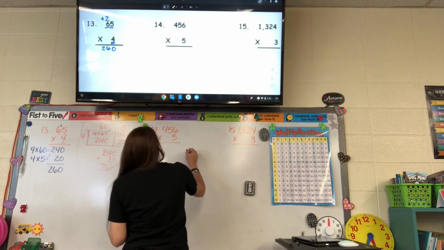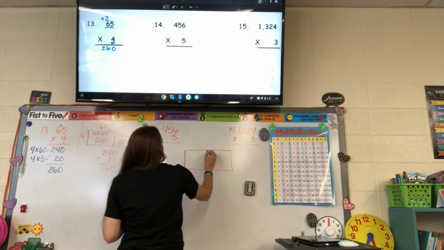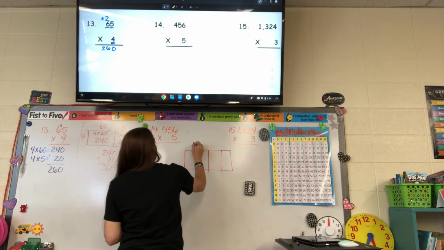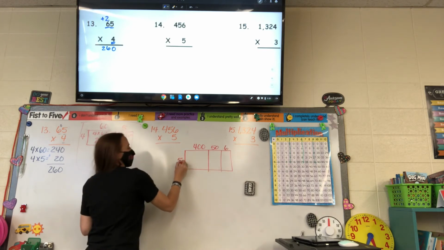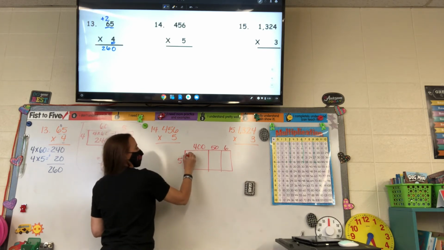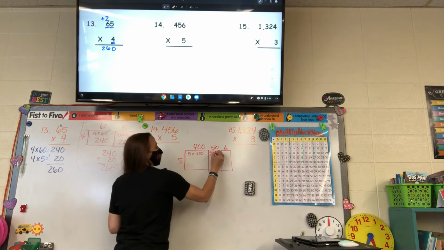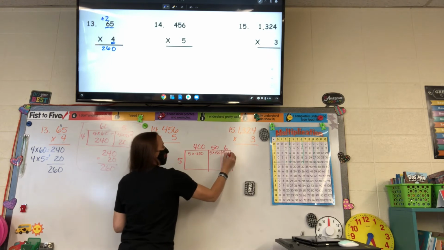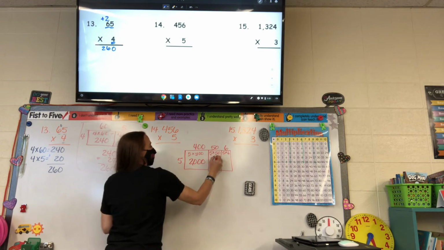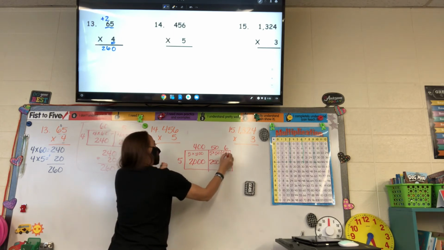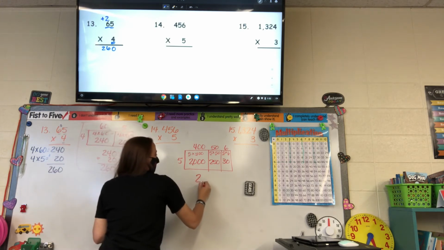If you choose to do the model, then you're going to write it in expanded form, 400, 50, and 6, multiplied times 5: 5 times 400, 5 times 50, 5 times 6. 5 times 4 is 20 with 2 zeros behind it. 5 times 5 is 25 with 1 zero, and 5 times 6 is 30. Then, of course, we have to stack them and add them.